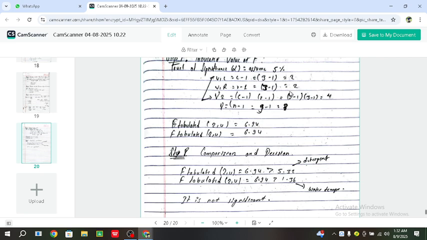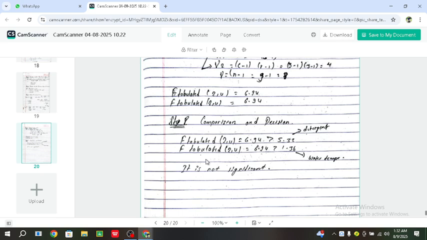And again for b1 for row, also 2,4, that means the same value. So we compare and discuss: F calculated value minus tabulated value. I already told you that the tabulated value is greater than this one, and this one is also greater than 1.36.